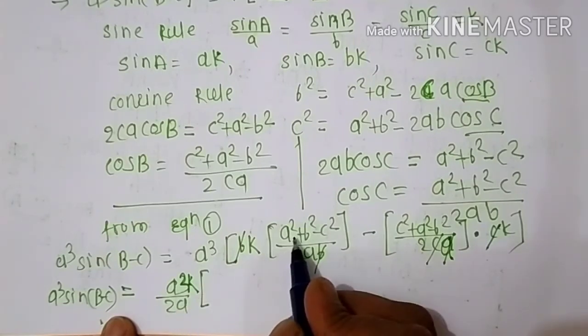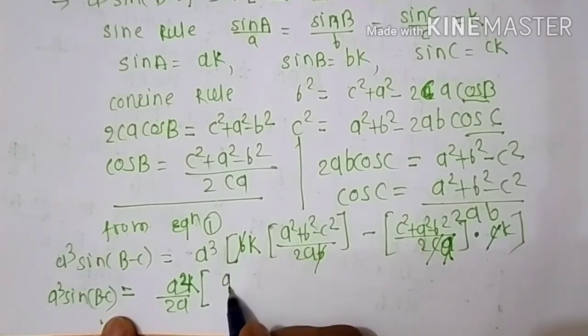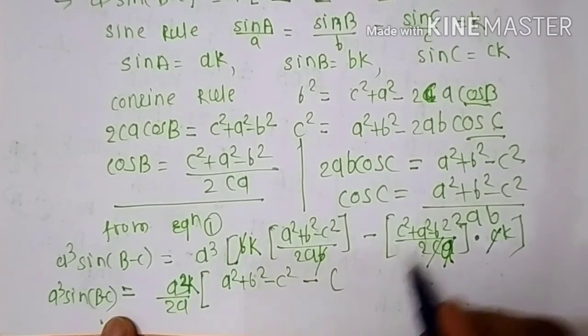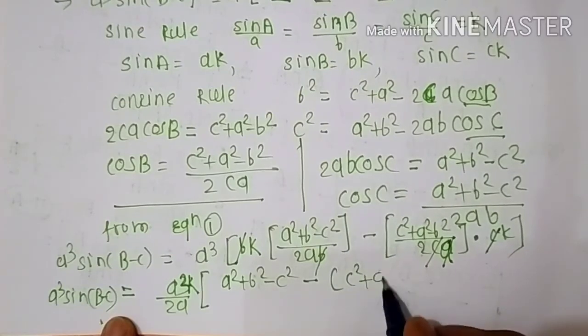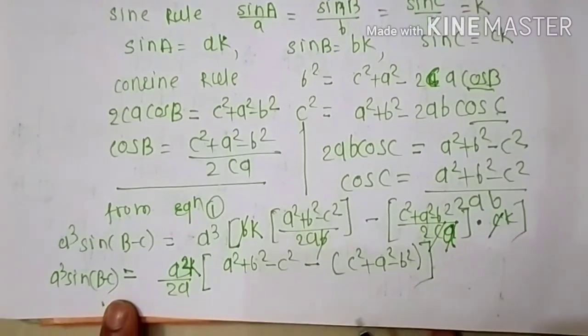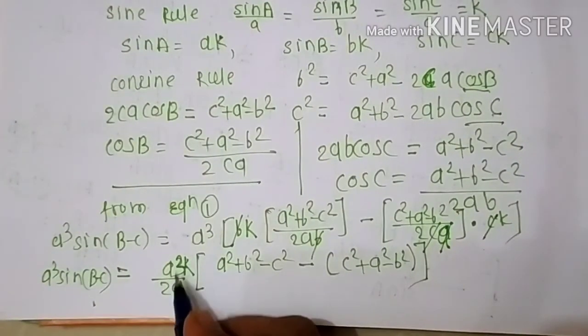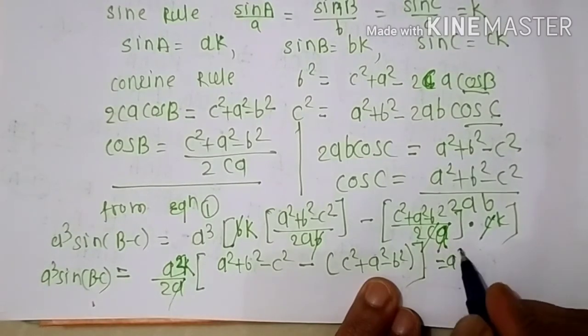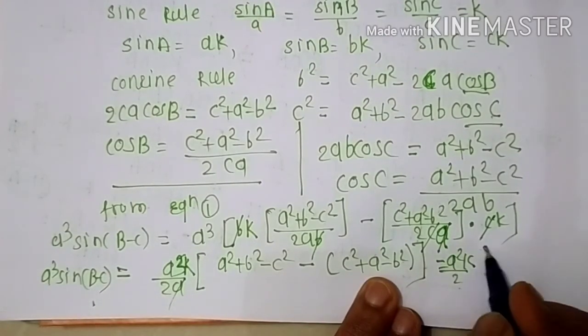Then the numerator term remaining is a² + b² − c², minus (c² + a² − b²). Then cancel out a³, one a gets cancelled, the remaining term is a²k divided by 2.